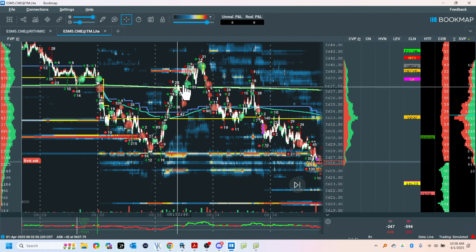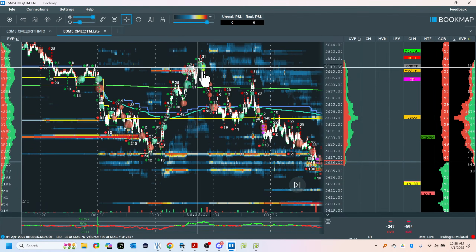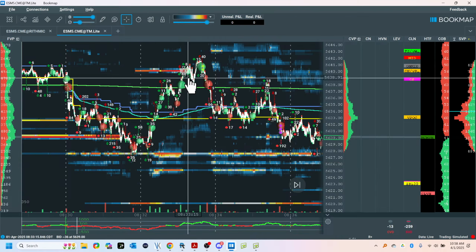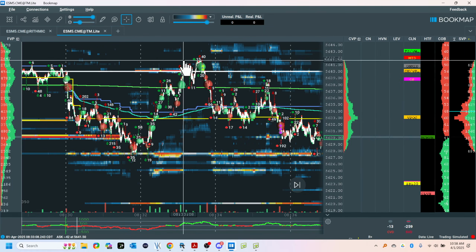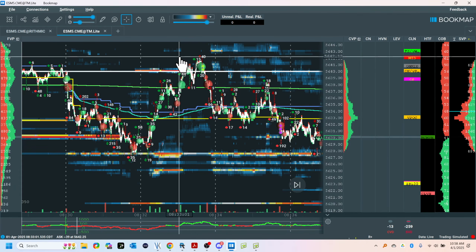There's other traders who are only going to take shorts. And then there's other traders who trade both sides. It doesn't matter. Here's what matters. At the end of the day, can you extract an edge? In other words, you know where your trades are to give you a statistical probability.